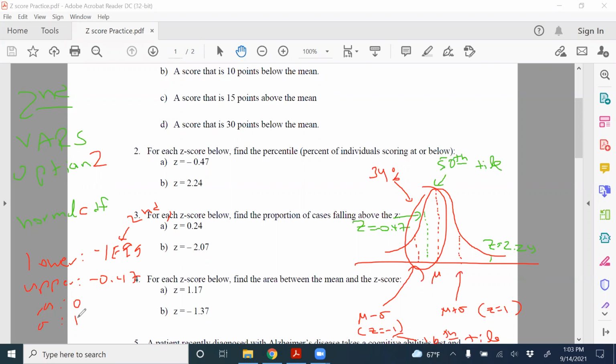Okay. So now if I do this correctly, I get 31.9 percentile.